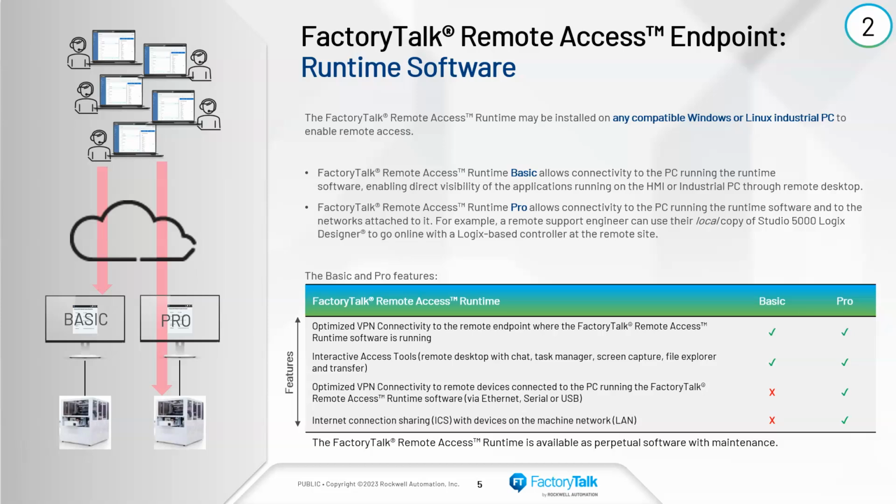With the Pro entitlement, not only can you make that connection to the endpoint device itself, but you can continue with a VPN connection onto the network to get to the other automation devices that are connected to that device. For instance, I can open up RSLinx or Studio 5000 on my computer, and I can connect to the PLCs that are on the plant floor through the endpoint device.